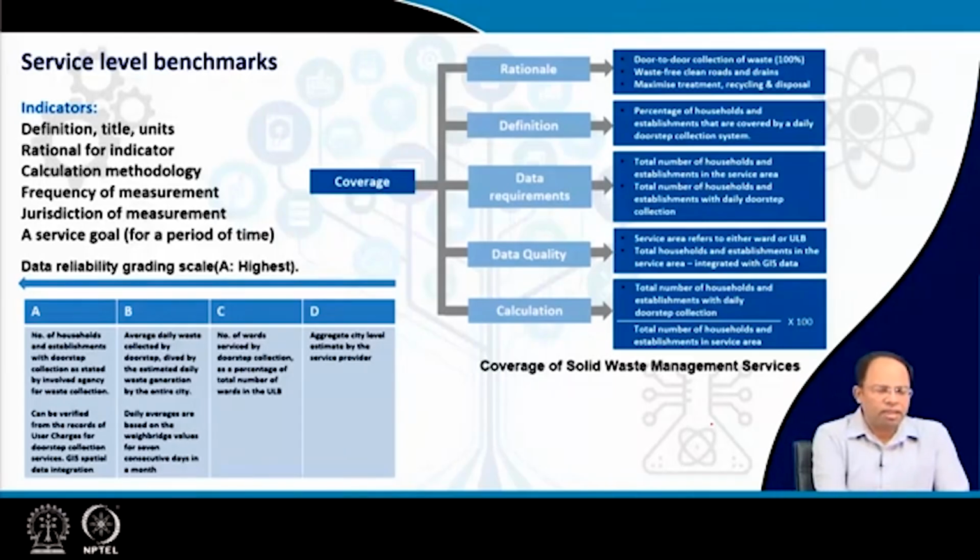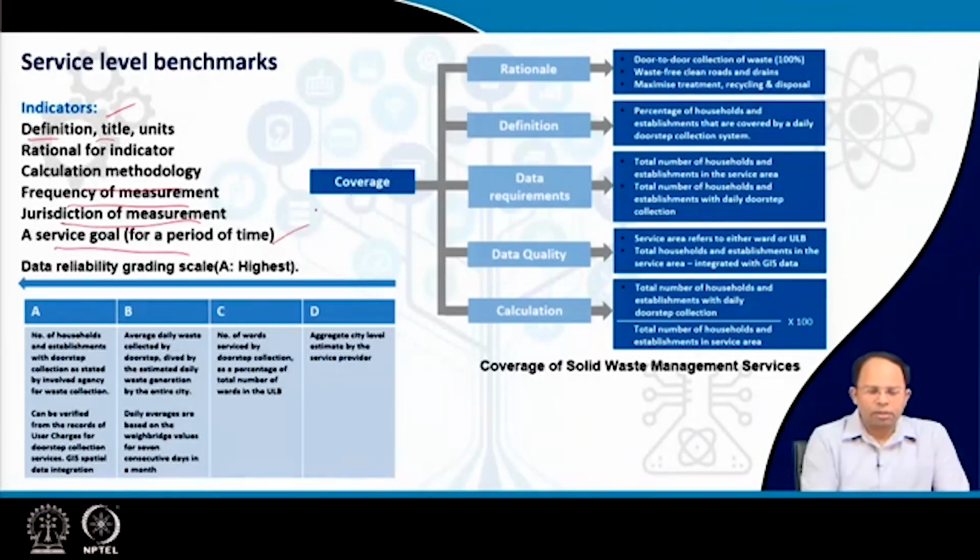As we have discussed, each indicator has a definition, there is a title for it, there is a unit of measure for it, then there is a rationale for that indicator, why that indicator is being collected, then there is a calculation methodology, frequency of measurement, how often do we measure it, then jurisdiction of measurement, where we should measure it, and finally a service goal, what value I should try to reach within a certain time period.